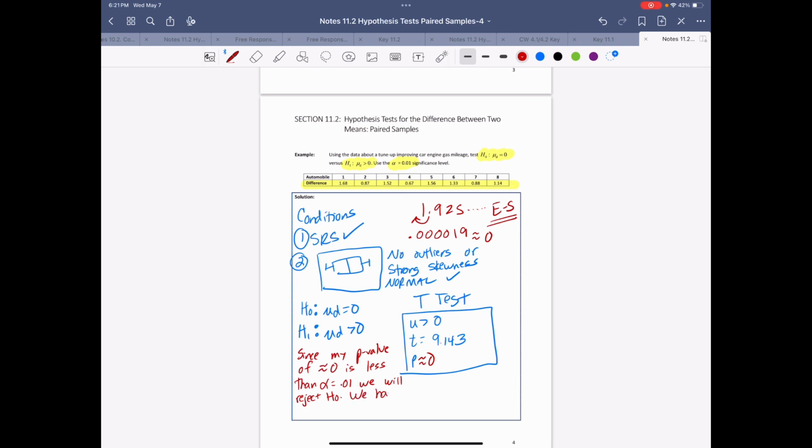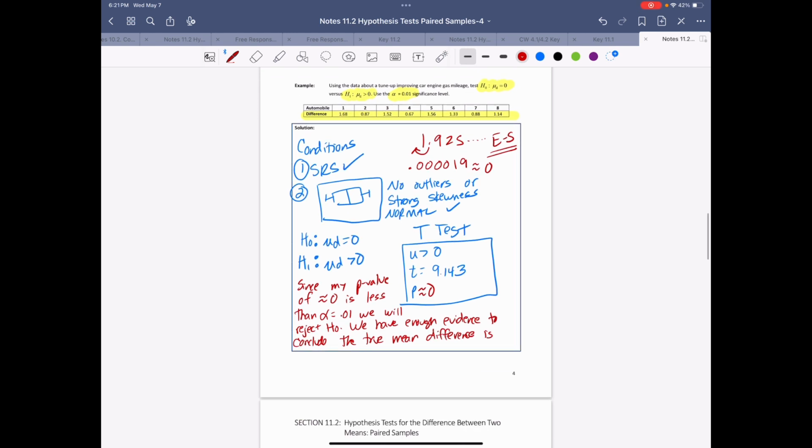We have enough evidence to conclude the true mean difference is greater than 0. In other words, you get better gas mileage once you do a tune-up.